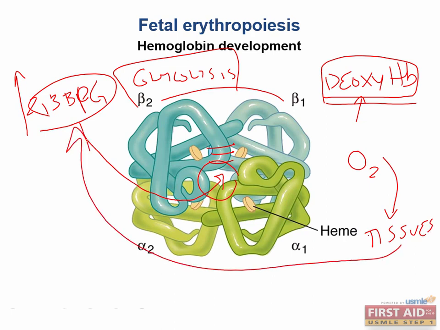Fetal hemoglobin utilizes this and has a very low binding capacity for 2,3-BPG so that it is very able to bind oxygen. It can take away oxygen from the maternal hemoglobin that is more sensitive to 2,3-BPG. This is what examiners like to do, and you will see a question about hemoglobin in some way on your STEP exam.